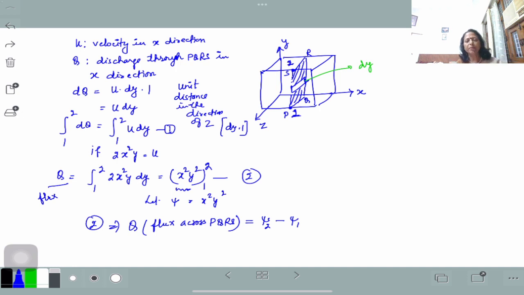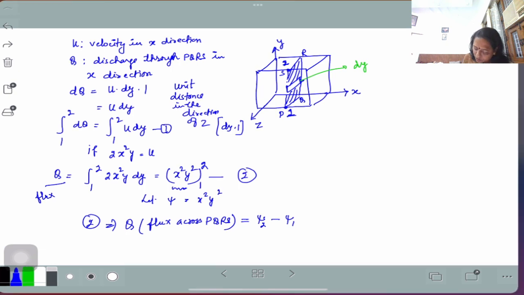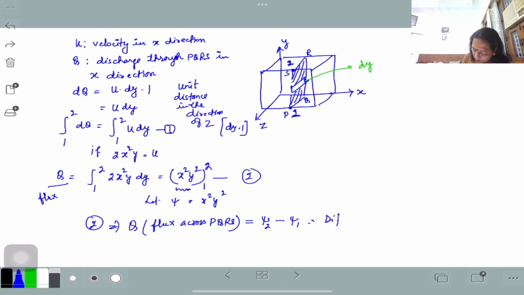So psi 2 minus psi 1 is nothing but the difference of the stream function at PQ and SR. So it is the difference of stream function at 2 and 1, right?